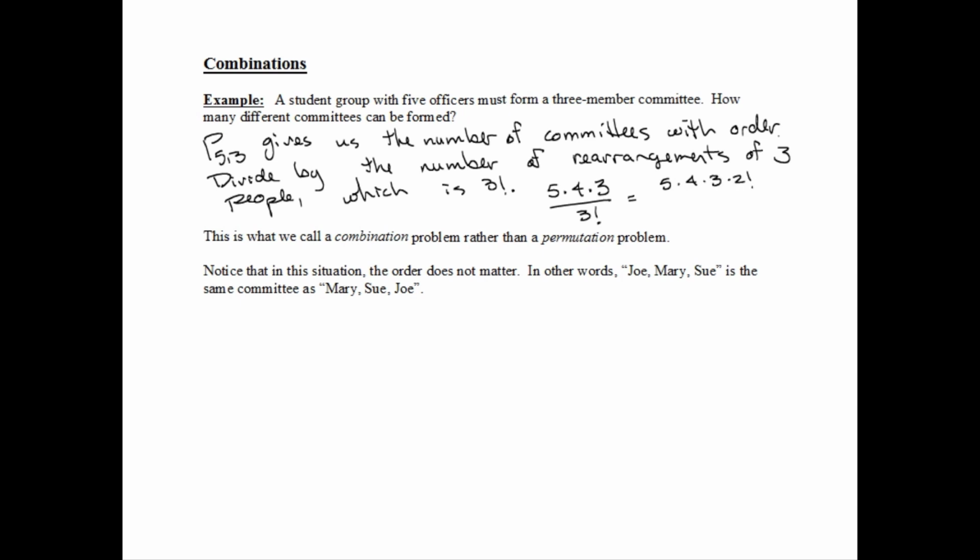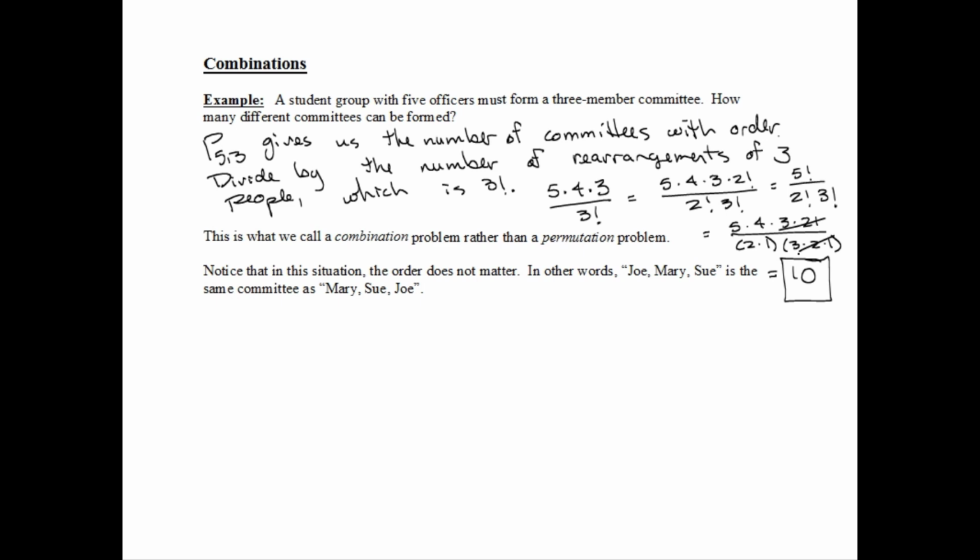If we put a 2 factorial and a 2 factorial, we get 5 factorial divided by 2 factorial, 3 factorial, which is 5, 4, 3, 2, 1 divided by 2 times 1, 3 times 2 times 1, 20 divided by 2, which is 10. So 10 is our answer.